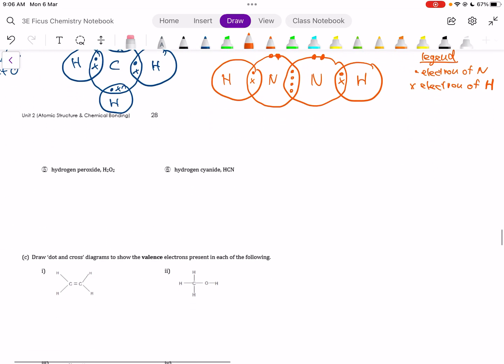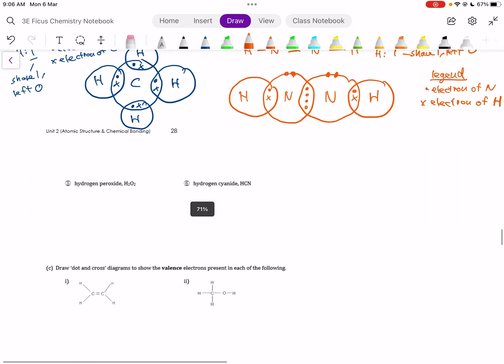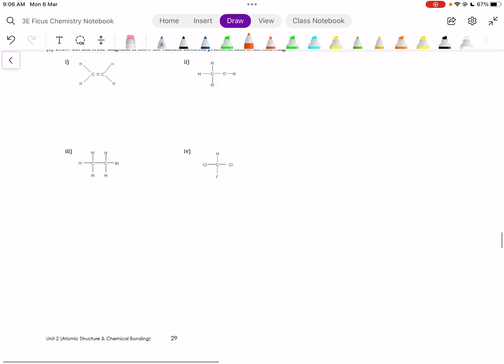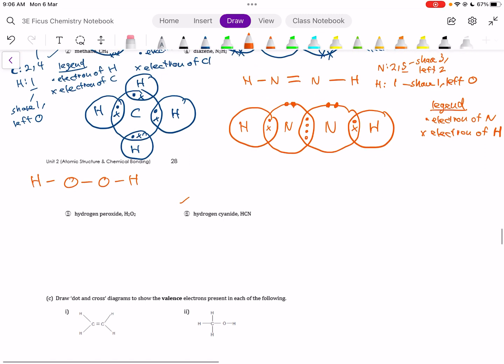Let me finish up the remaining 2 before I stop here today. I think I'll stop at example 6, hydrogen peroxide. Oxygen shares 2 electrons, so normally it will form 2 bonds. Once again I'm adopting the method of drawing the structural formula first. Sometimes it's better to draw the structural formula, especially when it's not clear how to see the center atom.